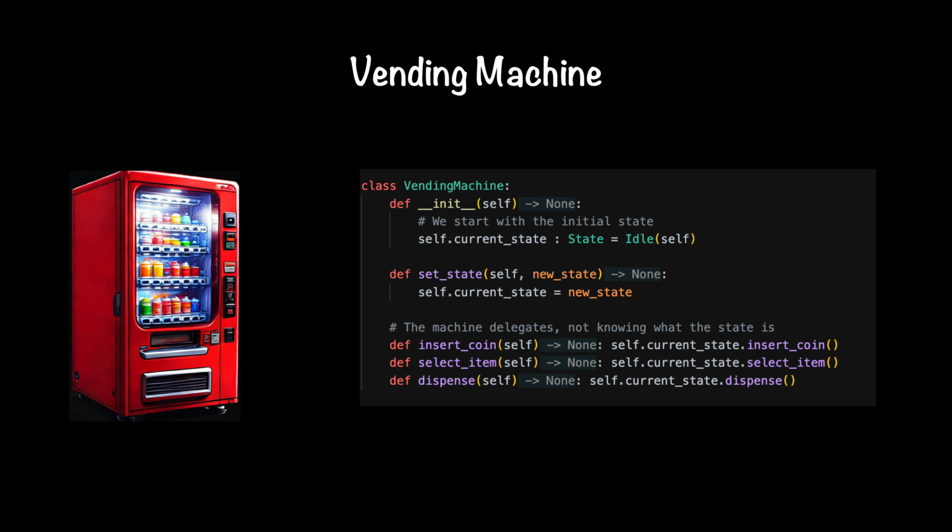The set state method will be used by the concrete states to change the current state variable in the vending machine. So the vending machine class will have full authority over its variables and methods. No one outside can directly change the current state variable. That's why it is better to have setter and getter methods.